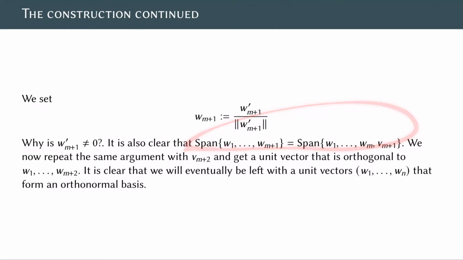So what we have done is, we have cooked up a vector Wm plus 1 such that W1 to Wm plus 1 is in fact an orthogonal set of unit vectors, and the span of this is the same as span of W1 to Wm and Vm plus 1. Now we repeat the same argument with Vm plus 2.